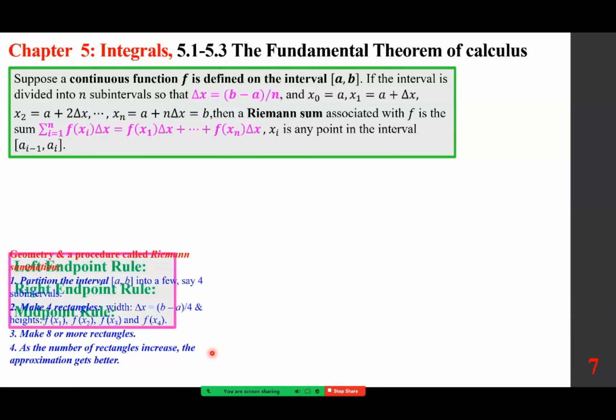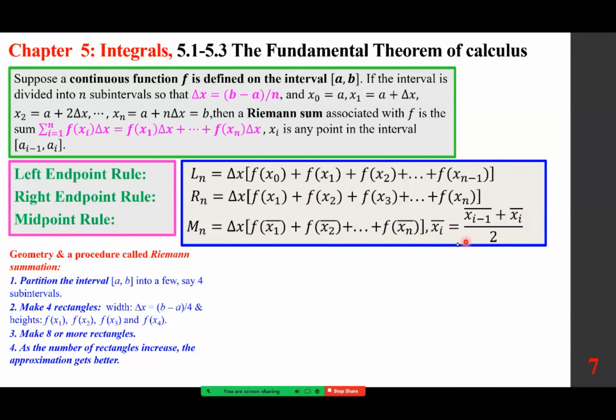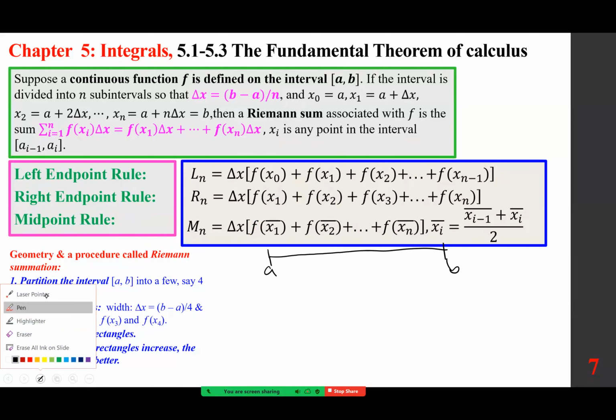So here's the formula for the left endpoints, right endpoints, and the midpoints. And as I mentioned, I wouldn't even bother to memorize that. All I know is that I make up a line segment from A to B. I cut it into so many pieces.